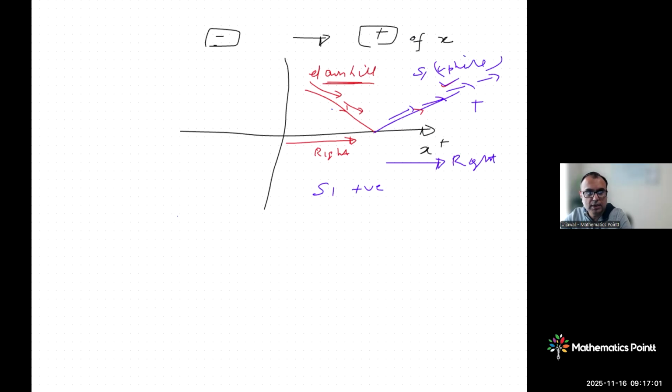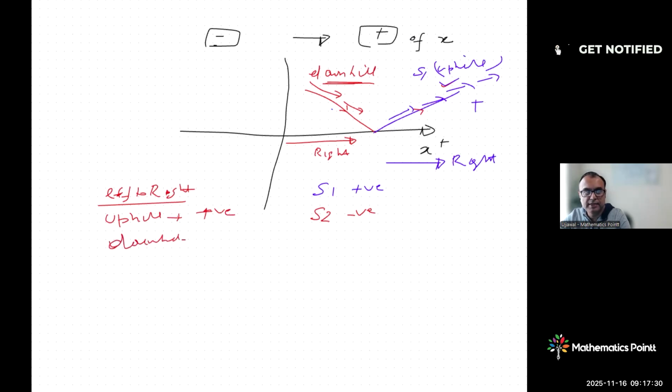So S2 is negative. So remember, from left to right, if you are going uphill, the slope is a positive value. And if you're going downhill, the slope is a negative value. The most important point here is that you always need to be traveling from left to right, not the other way around.